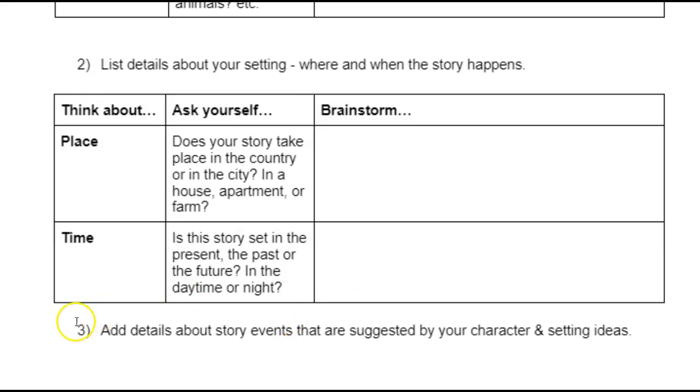And then don't forget about number 3 down here. Add the details about story events that are suggested by your character and their setting ideas. So if you have that they are living on a farm, okay, I want you to put things in there like, there's tractors all over the place. They have a barn. They have a silo.